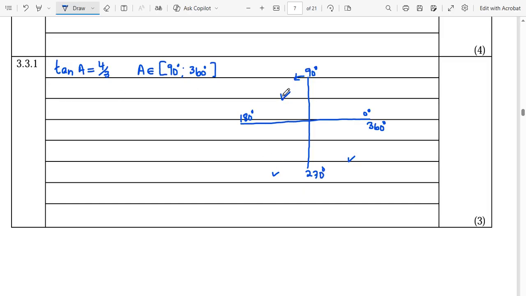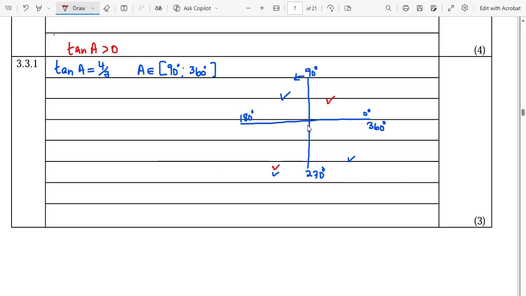So it will be quadrant 2, quadrant 3, quadrant 4, but not quadrant 1. Then look at the tan of A: it is greater than 0, meaning it is positive. We need to take the quadrants where tan is positive, this quadrant and that quadrant. So the quadrant that has 2 ticks is where you need to draw your diagram.